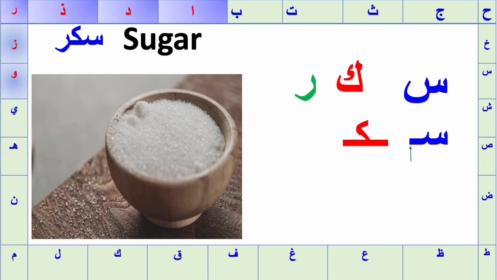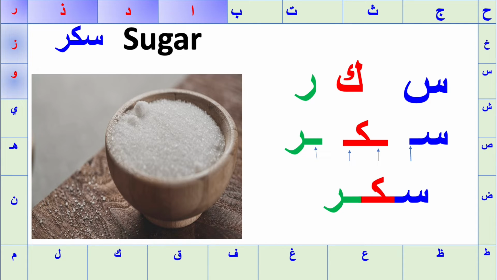The kaf can connect at both sides. The ra will connect at the left side so that it can join with the kaf. As you can see, the extension is in here. When the final form of the word is written, we get the following form: sukkar.